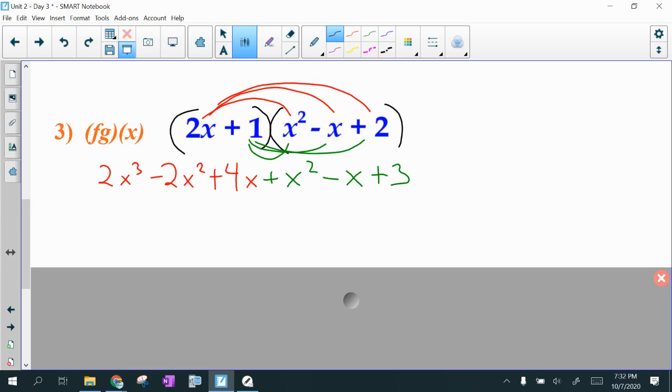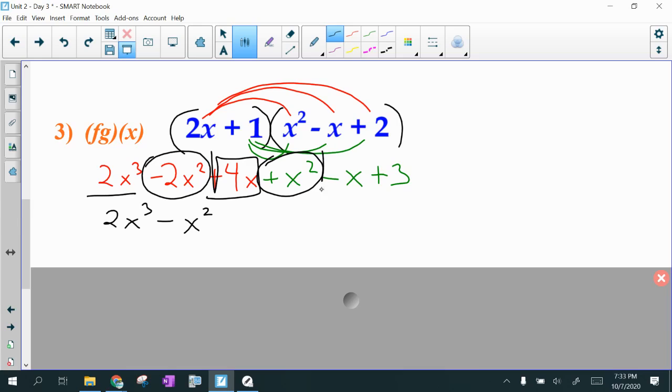Now that I've distributed, all I need to do is collect my terms together. So here we go. I've got 2x cubed. Don't have anything else that's a like term, so I can't really do much with that. Next up, I'm going to say a negative 2x squared and a positive 1x squared, which is going to get me a negative 1x squared. Okay, next up, I am looking at a positive 4x and a negative 1x, which is going to get me a positive 3x.